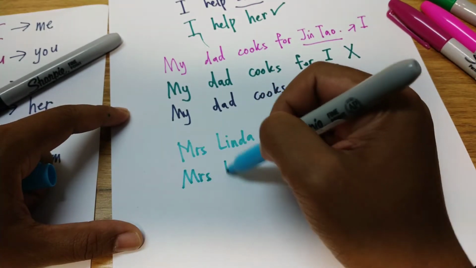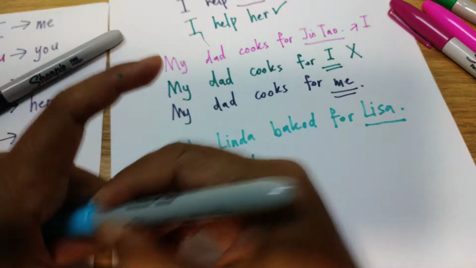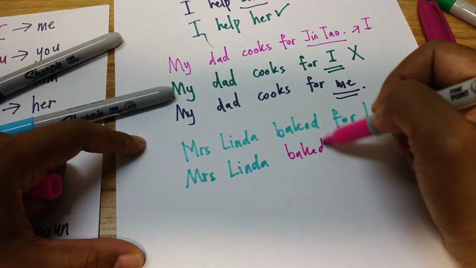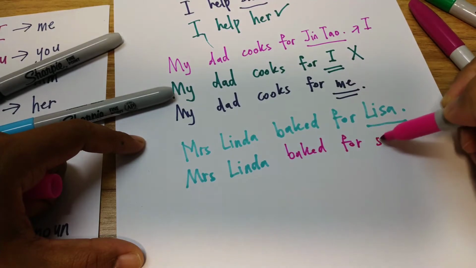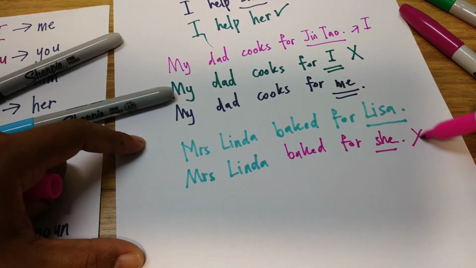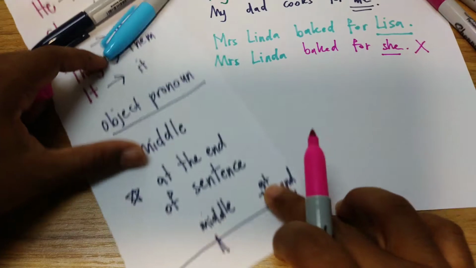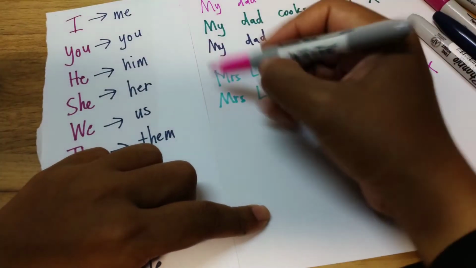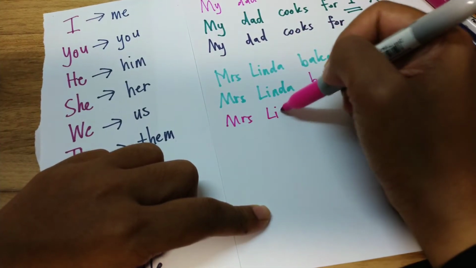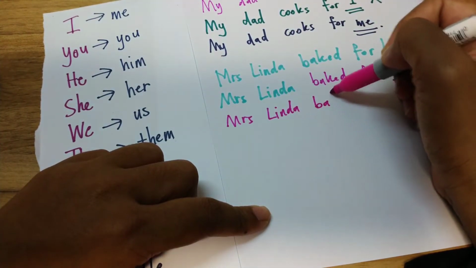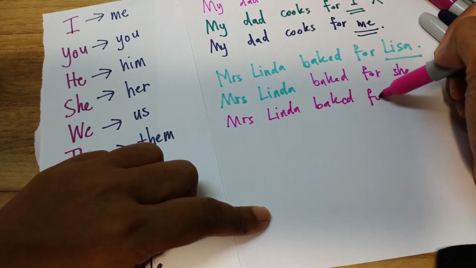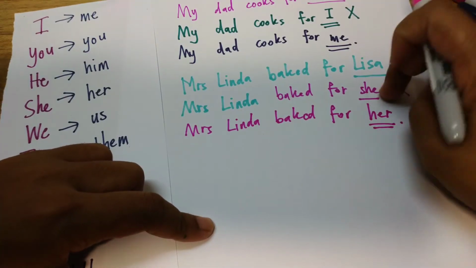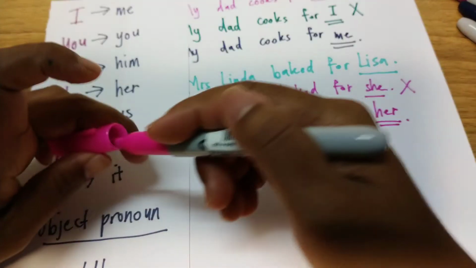So if you write Mrs. Linda baked for she, then it is wrong because this is at the end of the sentence. So you must write Mrs. Linda baked for her, because the pronoun is at the end of the sentence.